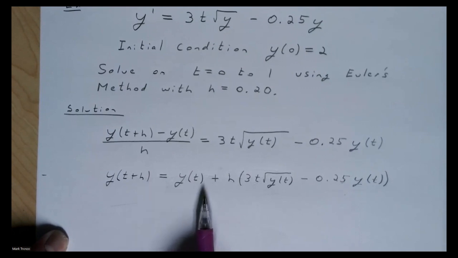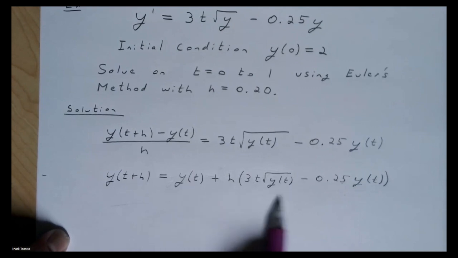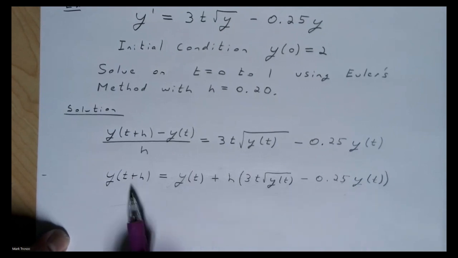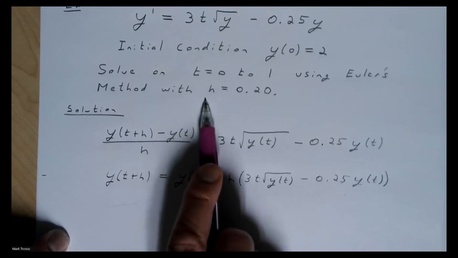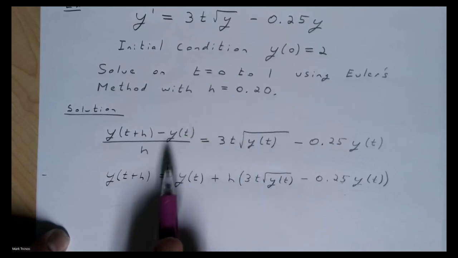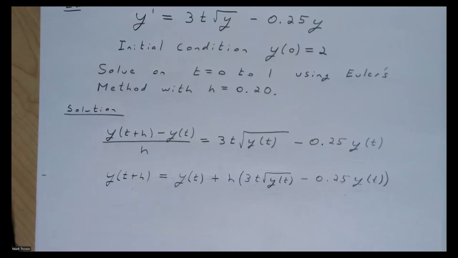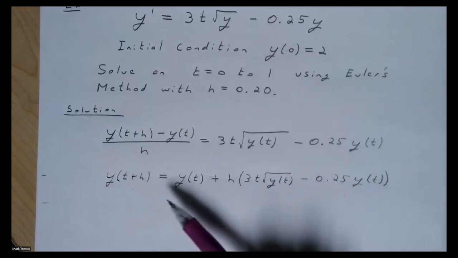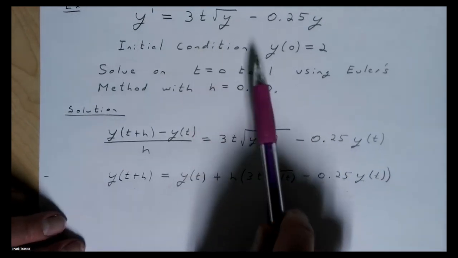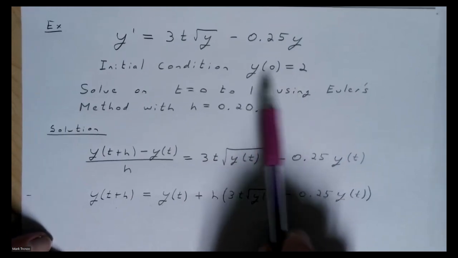So this is what we're going to use on every step to solve for the next point in our solution. We'll be going in increments, and we're going to start with the initial point, y0, we're given.